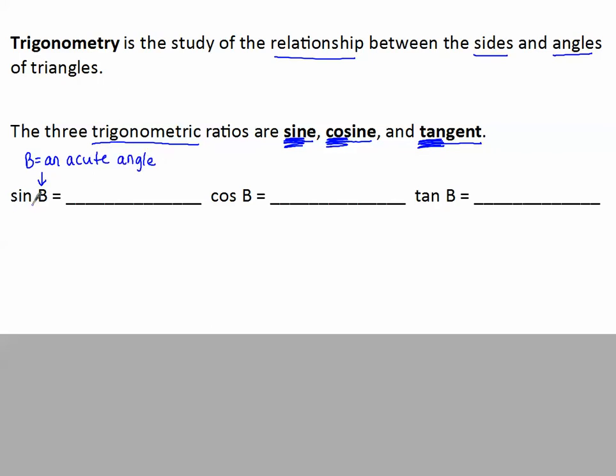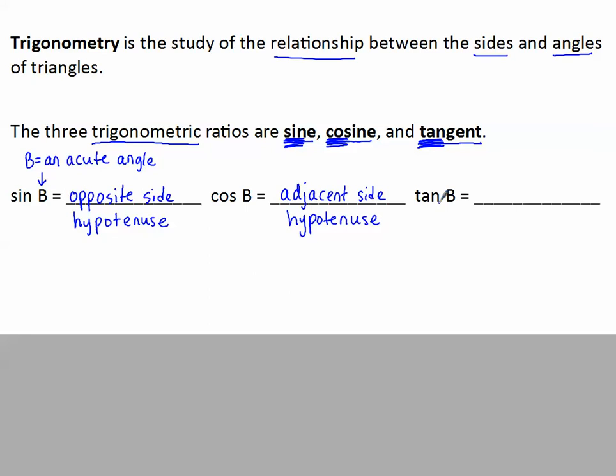So the sine of angle B is represented by the ratio of the opposite side from angle B and the hypotenuse of the right triangle. The cosine of angle B is represented by the ratio of the side that is adjacent to angle B and the hypotenuse of the right triangle.